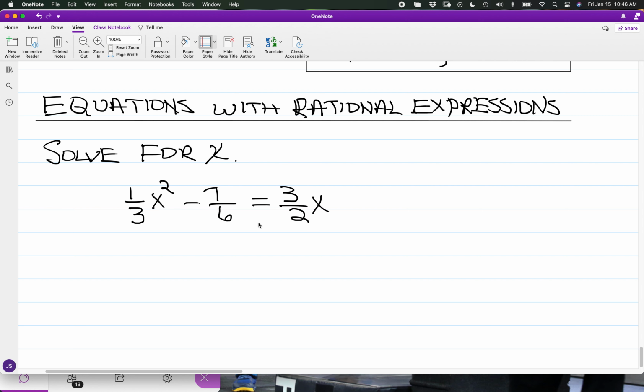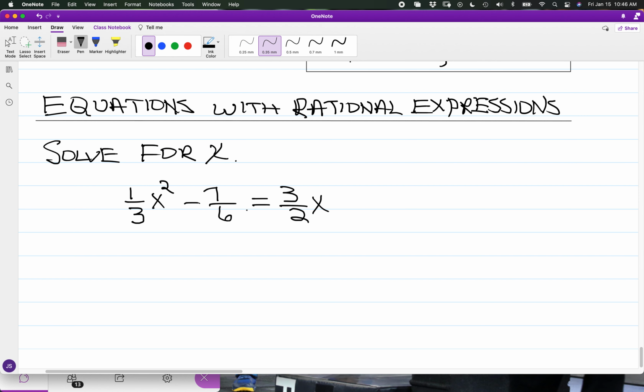But if you want to undo the presence of fractions, since we're dealing with an equation and trying to solve for x, you can make the coefficients whole numbers by multiplying everything by the least common denominator.